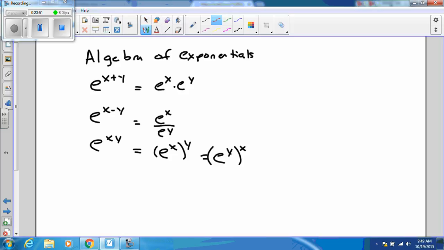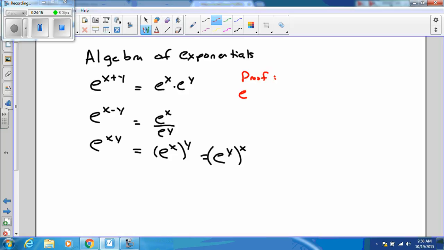Interestingly, the proof relies actually on the exponent properties for integers, or not integers, rather, for generalized exponentials. And here's where our first hand waving is going to happen.